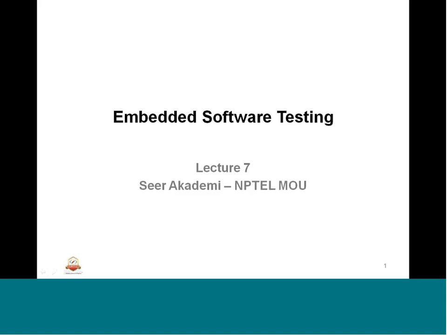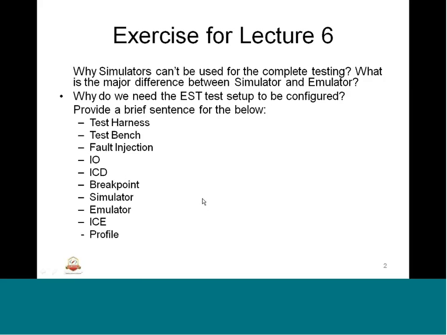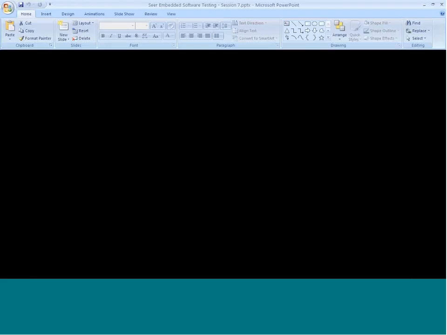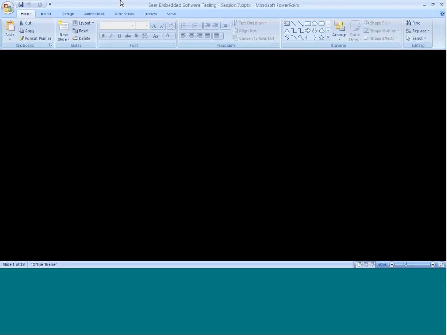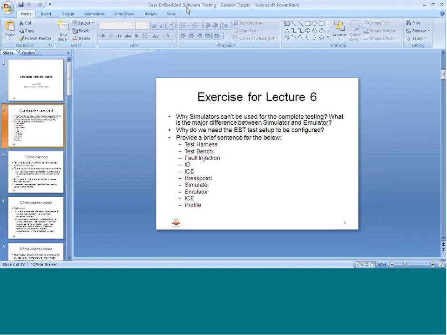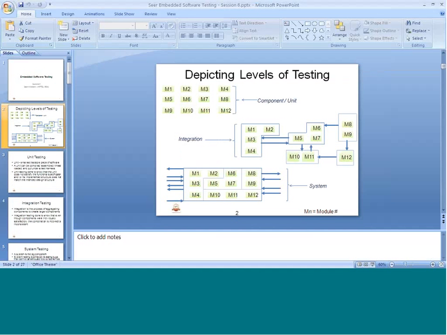Welcome you to the next session of embedded software testing. In the previous session, we had seen some of the different levels of testing in terms of how different modules are organized.